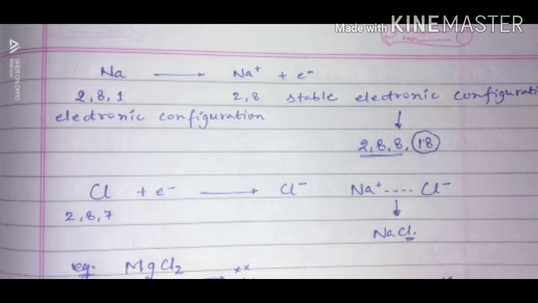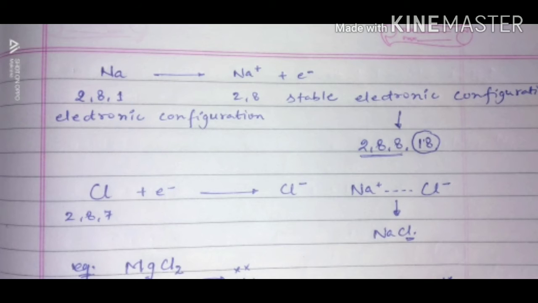An element always releases or gains electrons according to its nearest noble gas configuration. So sodium, having neon as its nearest configuration, will release one electron and form the sodium ion, the sodium cation.